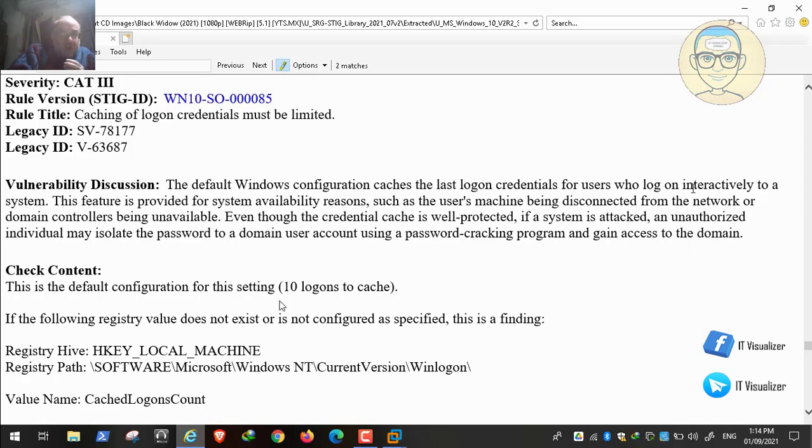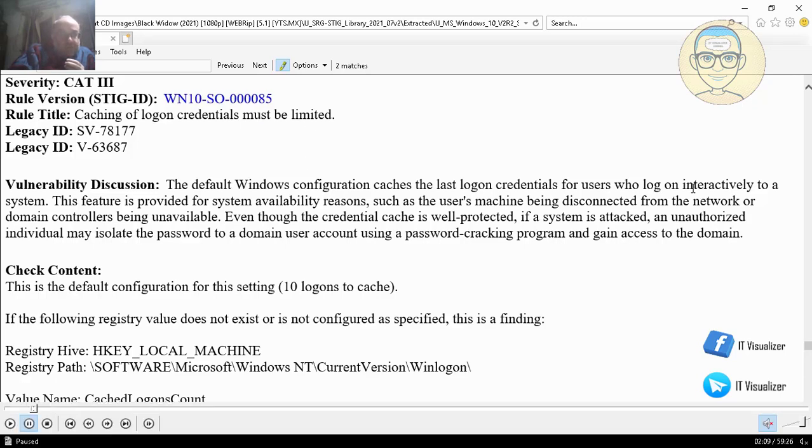Here it says 10 logins to cache, so it will cache 10 users or 10 passwords. I think we need to decrease this number a little bit, because we cannot disable this useful option anyway. It must be limited, not disabled.